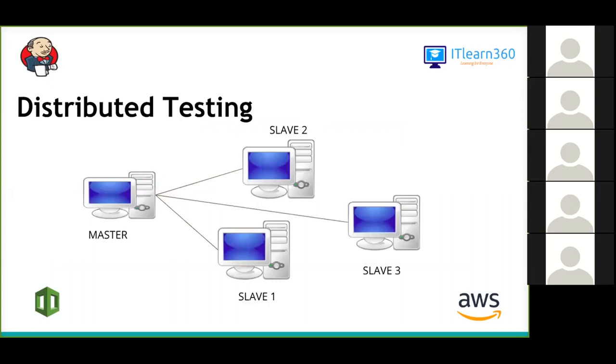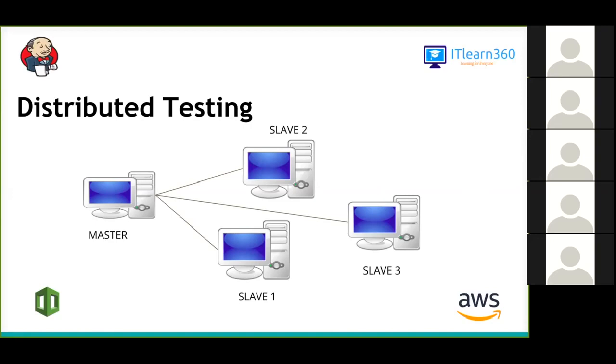Here in distributed testing, we have one master machine and different slave machines. Now we have to perform some testing related work on my master machine. What I'll do is divide this task into different subtasks and assign them to slave 1, slave 2, or slave 3. How will it help me?